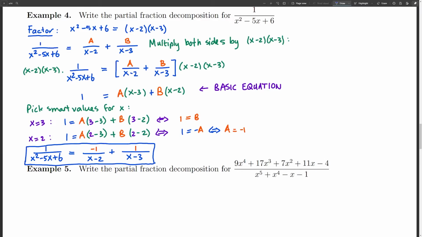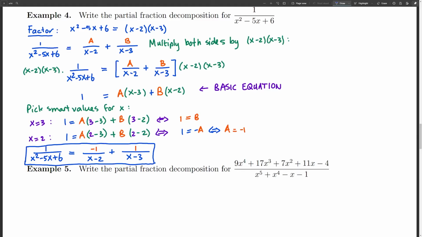So now let's look at a more complicated example where we have to find the partial fraction decomposition for 9x to the power 4 plus 17x cubed plus 7x squared plus 11x minus 4 all over x to the power 5 plus x to the power 4 minus x minus 1. The first thing we notice is that the degree of the numerator is less than the degree of the denominator.